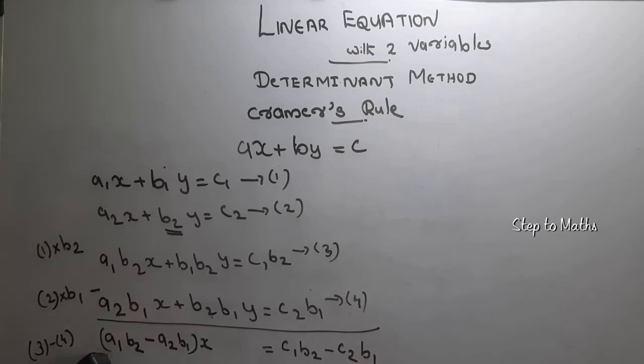Now we get a1 b2 minus a2 b1 times x equals c1 b2 minus c2 b1.